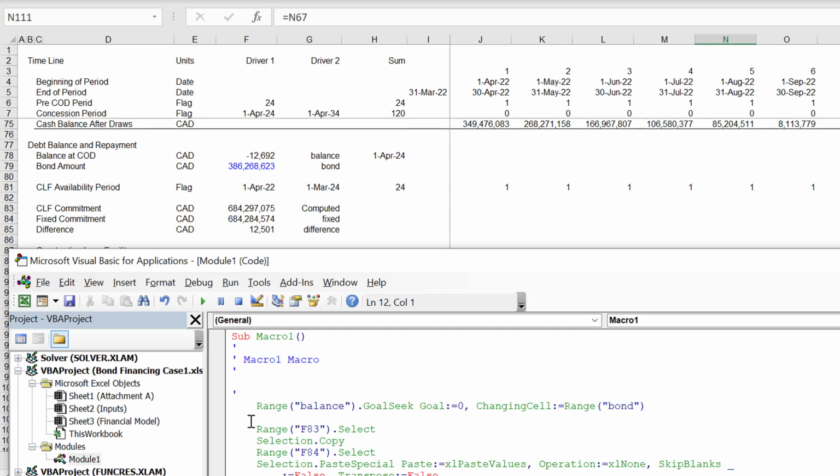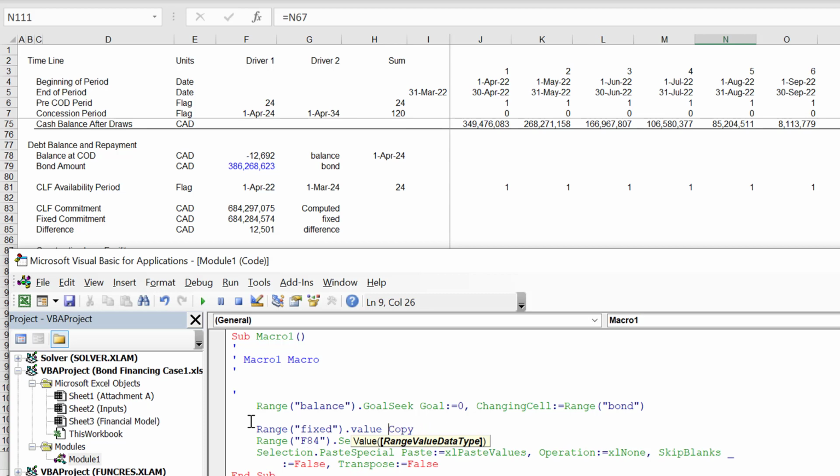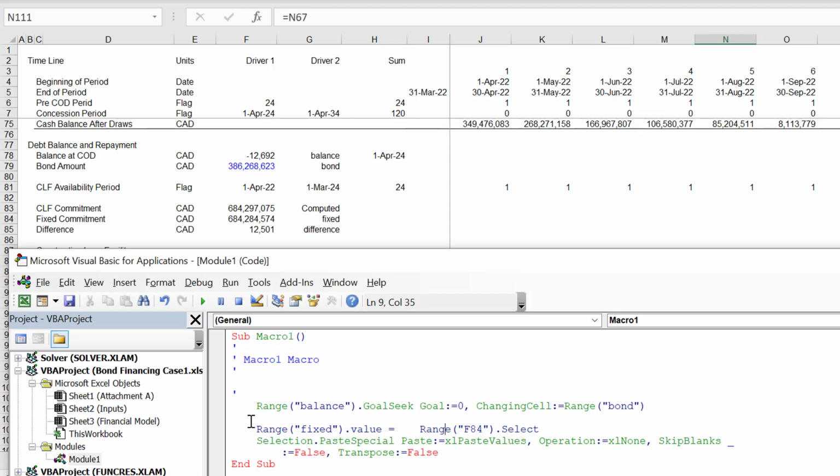But instead of doing all this, what you can do is say Range("fixed").Value equals Range("computed").